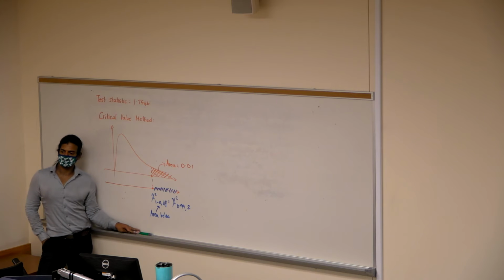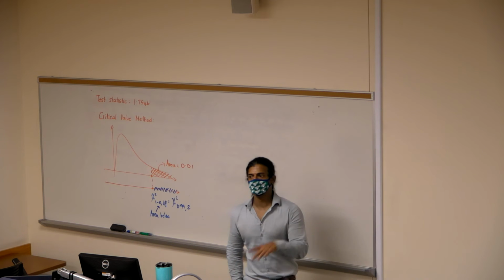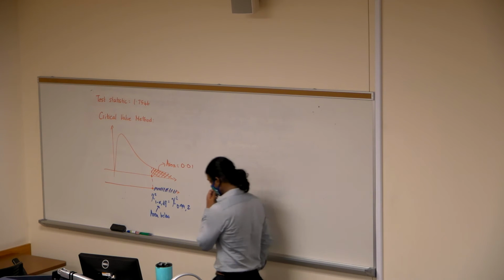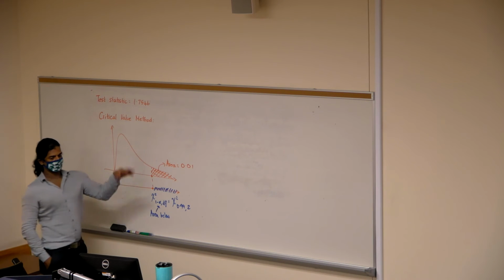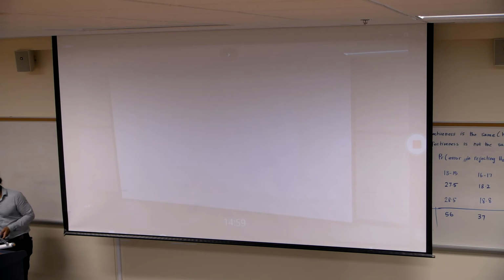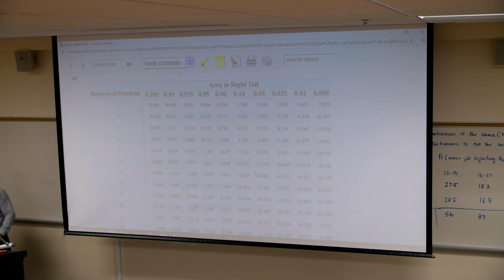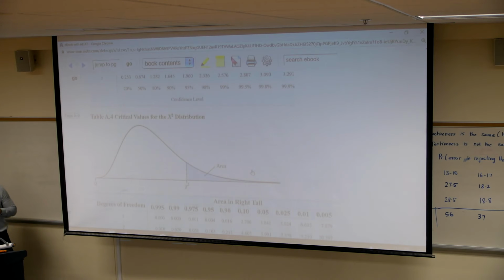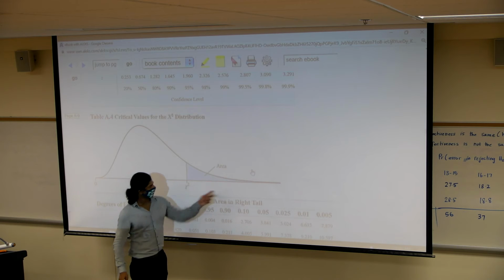How do we find the critical value? Your calculator cannot do it, so we make use of the chart. If you're using the chart, the notation is actually chi-squared alpha, because we look at the area above. The area in the right tail, in other words, the area above the critical value, is 0.01. So the table summarizes critical values for the area above.